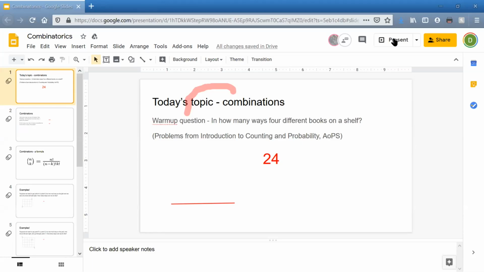Wait, is the answer on the screen right now? Oh, that's strange. It doesn't show that for me. Okay, that's really weird, but, oh, is the sharing paused?